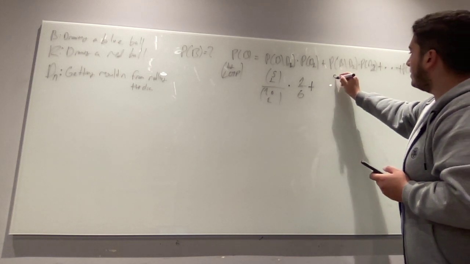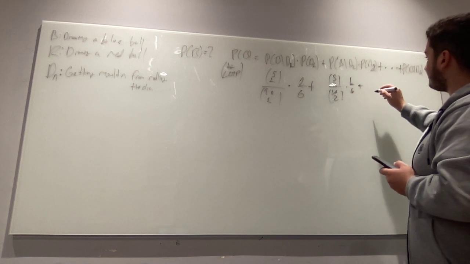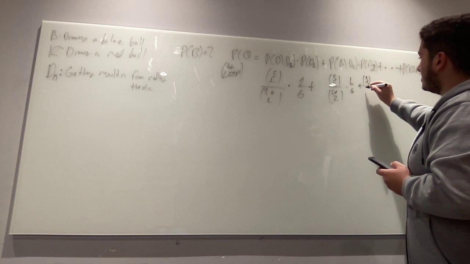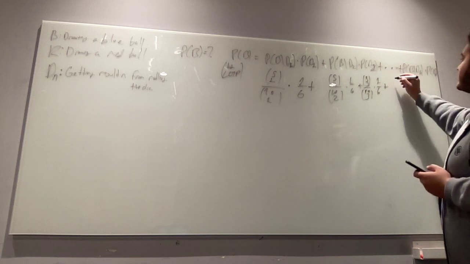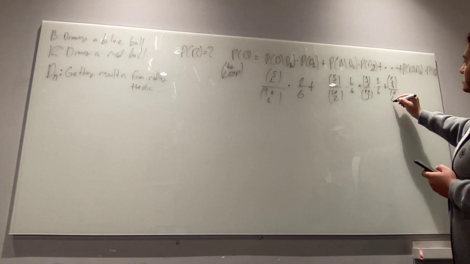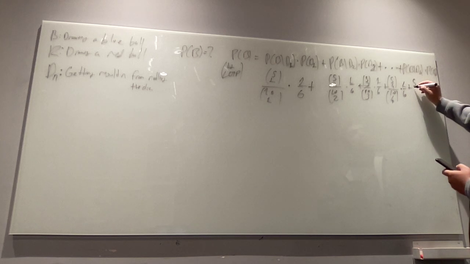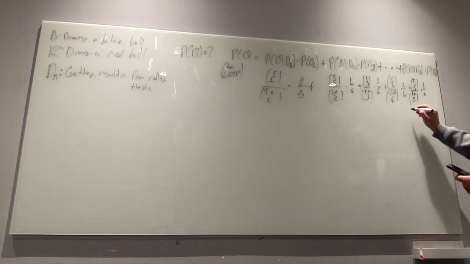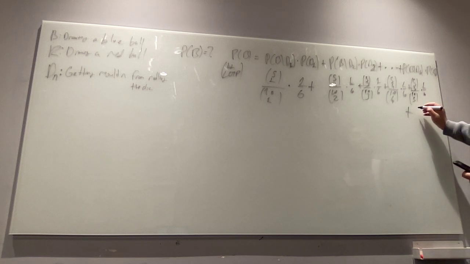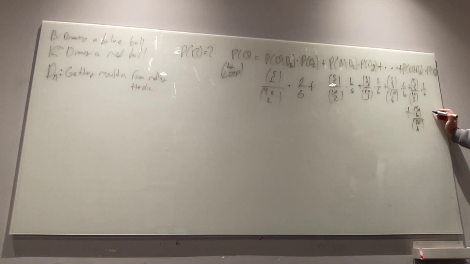Plus, when I get 2, 5 chooses 2 over 10 chooses 2 times 1 over 6, plus 5 chooses 3 over 10 chooses 3 times 1 over 6, plus 5 chooses 4 over 10 chooses 4 times 1 over 6, plus 5 chooses 5 over 10 chooses 5 times 1 over 6, plus I am continuing to that, 5 chooses 6 over 10 chooses 6 times 1 over 6.